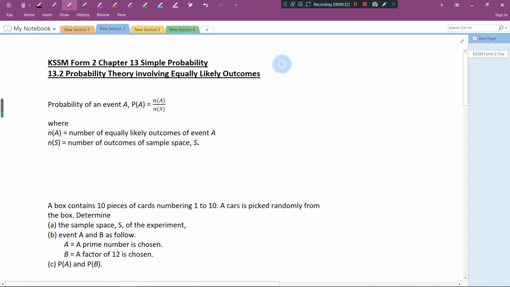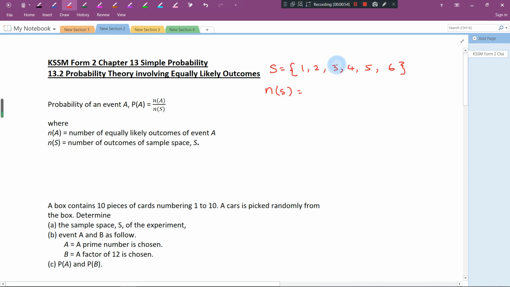Let's say you roll a dice. There are 6 numbers, right? 1, 2, 3, 4, 5, 6. There are 6 possibilities, so n(S) is the number of elements of the sample space.